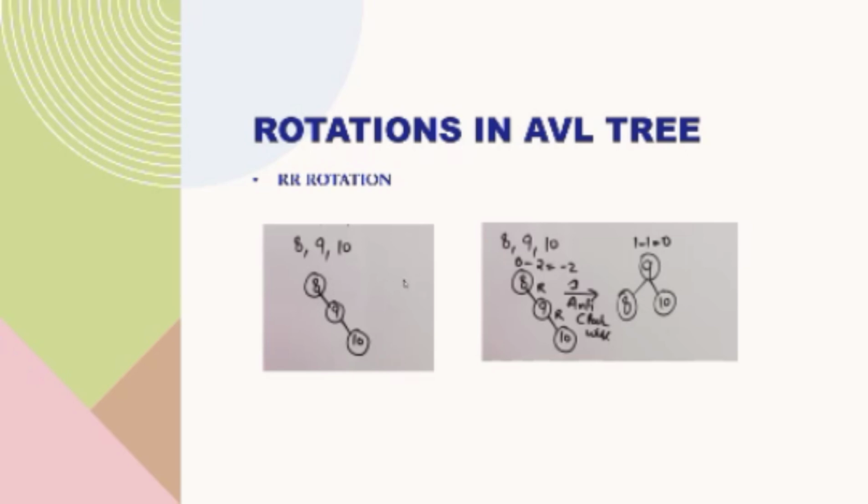In order to convert this imbalanced binary search tree to a balanced binary search tree, we make one anti-clockwise rotation so that we obtain this binary search tree. Now if we observe the balance factor of this binary search tree, it is 1 minus 1, which is 0, and even the leaf nodes have balance factor 0. Hence it satisfies the principle of an AVL tree, so it is called an AVL tree.